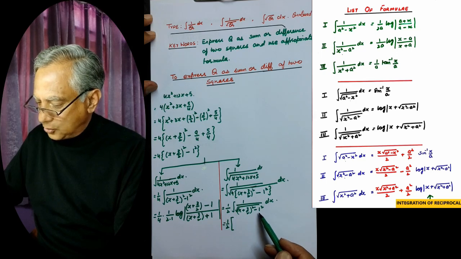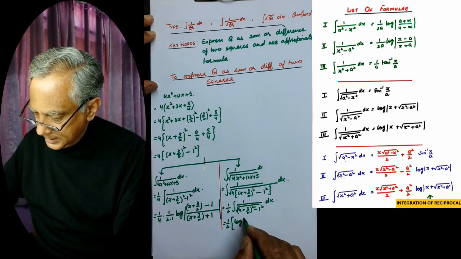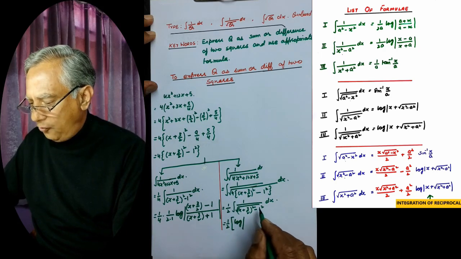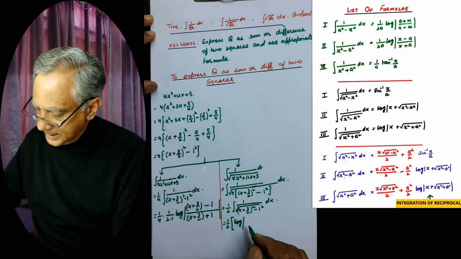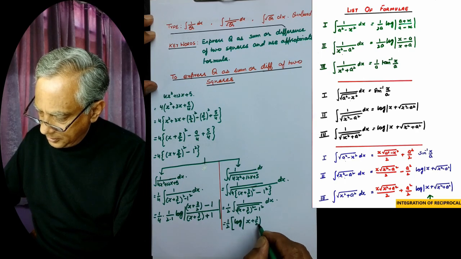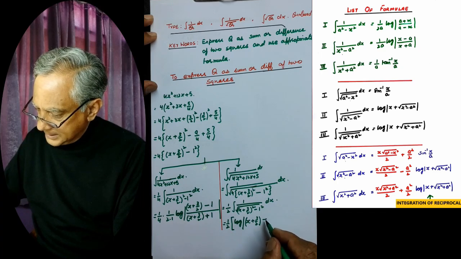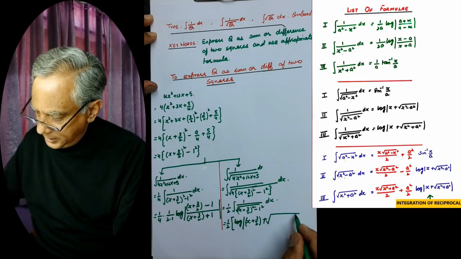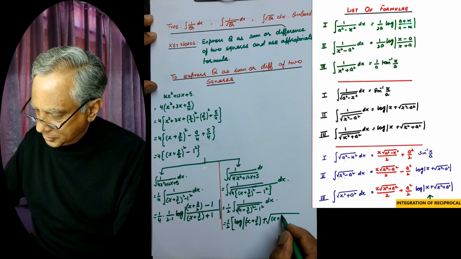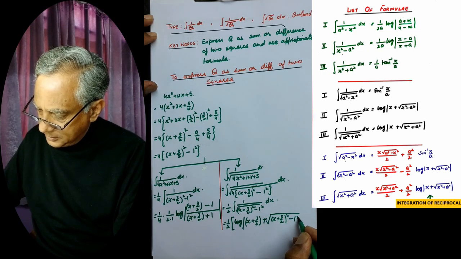1 over under root x square minus a square is log of x plus under root of this. So here x is x plus 3 by 2. You can see the side sheet. Plus under the root x plus 3 by 2 whole square minus 1 square.